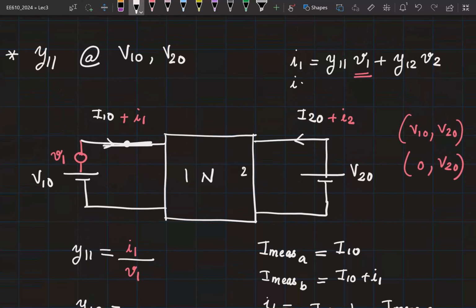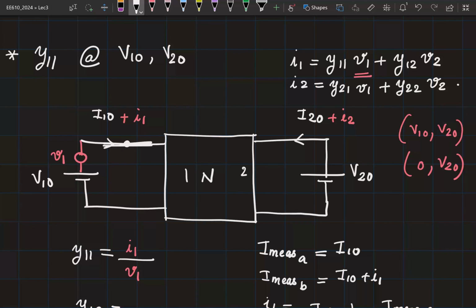What is the expression for I2? Right? So now to measure Y12, what change do you think I need to do? I have to remove V1 here and connect V2 here. Right?